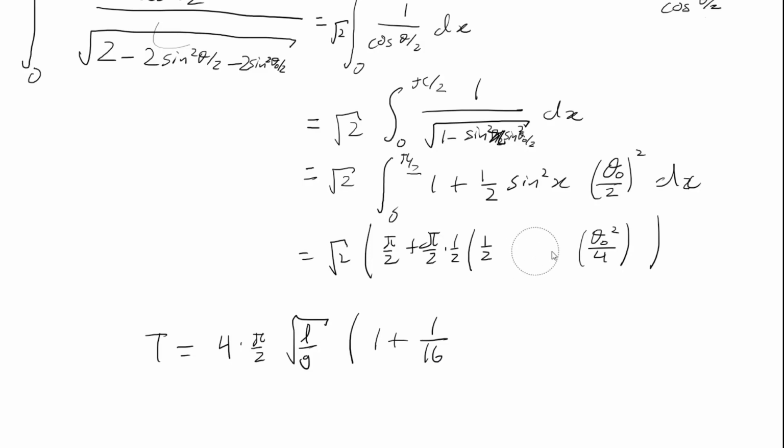The average value of sine squared x was 1/2, which is why we have 1/2 here, times theta naught squared.